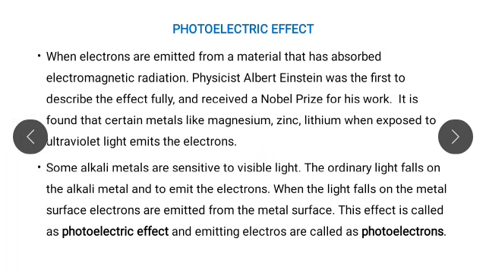First we see what is meant by the photoelectric effect. It is found that certain metals like magnesium, zinc, lithium, when exposed to ultraviolet light, emit electrons. The meaning is that when ultraviolet light is incident on these metals, they emit electrons.